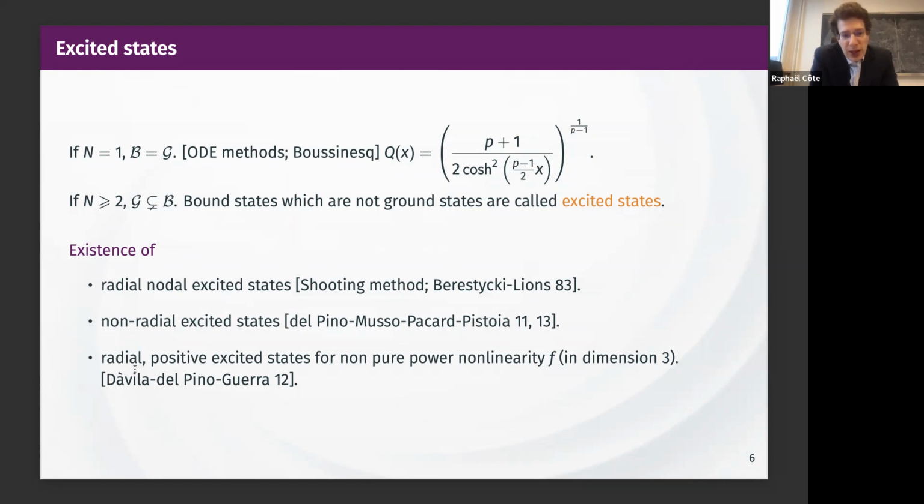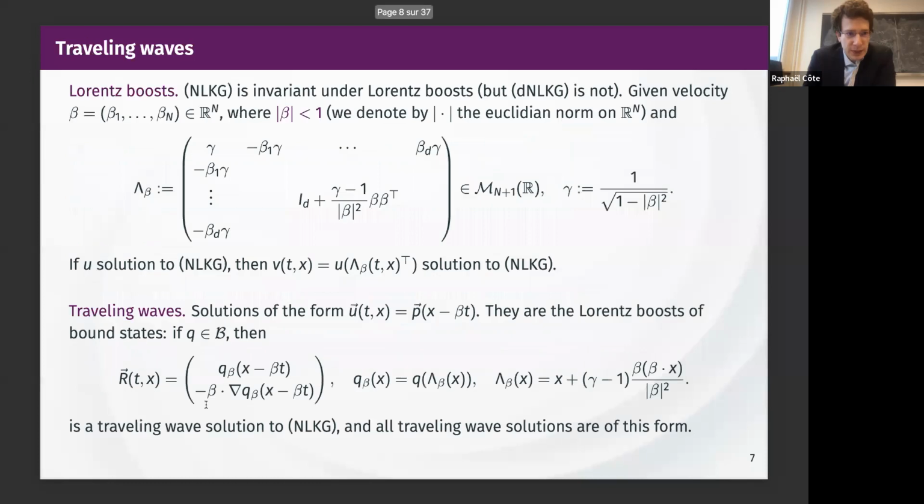And as I mentioned, for nonlinearities that are not pure power, typically a sum of pure powers, you have positive radial excited states which are not the ground state. This is Dávila, Del Pino, and Guerra. So as soon as you leave dimension one, the zoology of bound states becomes really, really complex.